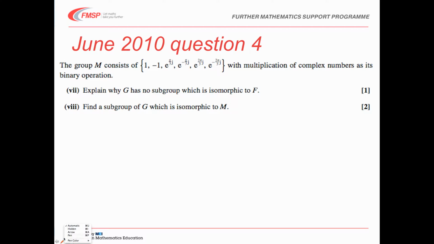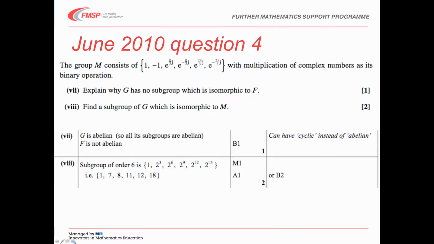So your elements are 1, 2 to the power 3, 2 to the power 6, 2 to the power 9, 2 to the power 12, 2 to the power 15, which give you the elements 1, 7, 8, 11, 12, and 18. Okay. And again, there's the mark scheme for that. I don't think there's anything particular to say about the mark scheme there.